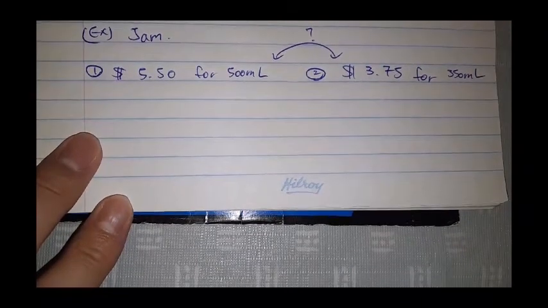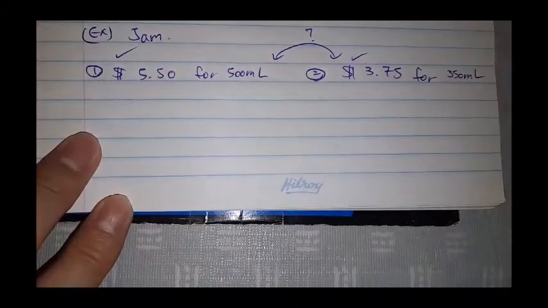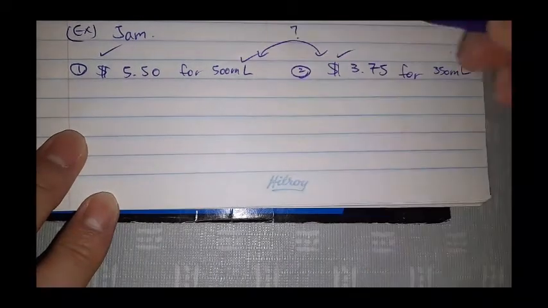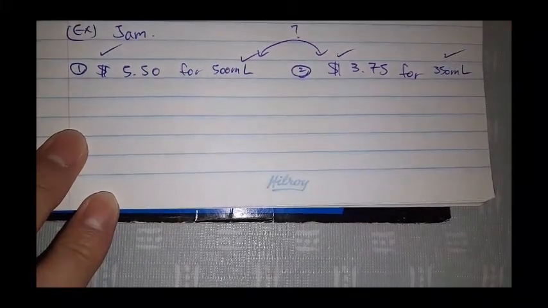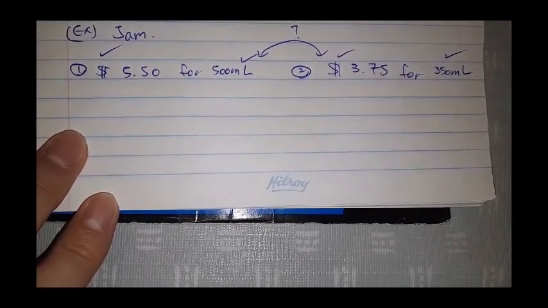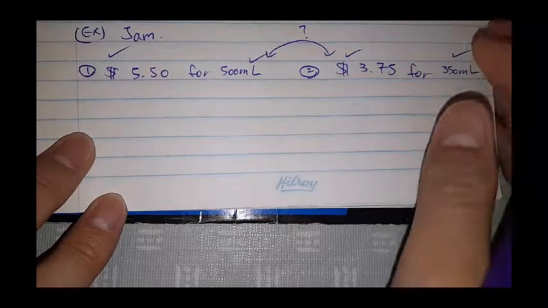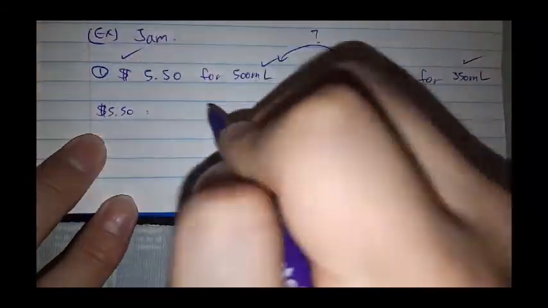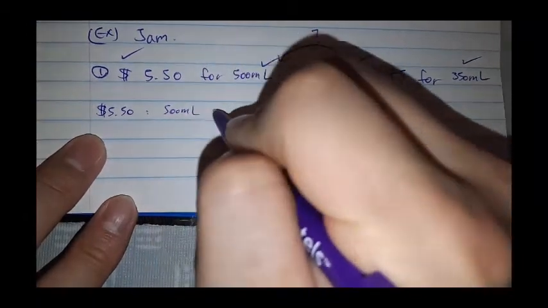So let's talk about the ratio in this case. The reason I'm going into ratio is that, first of all, for dollars we use the same unit. What about volume? Volume also uses milliliters. So what we can do is a simple ratio. How much does it cost per 1 milliliter? The cost was $5.50 for 500 milliliters.